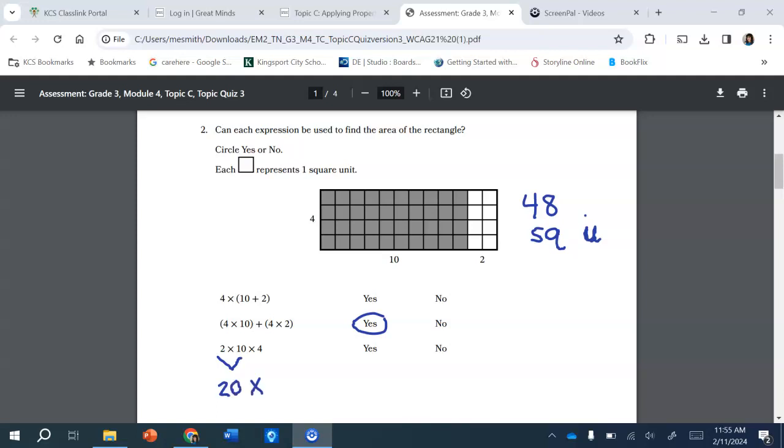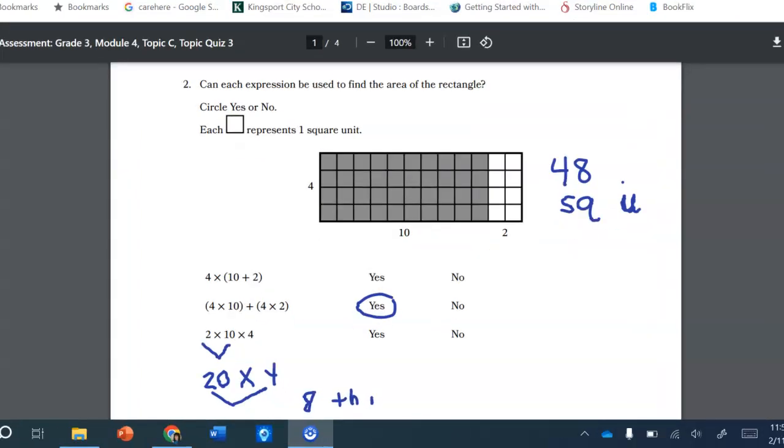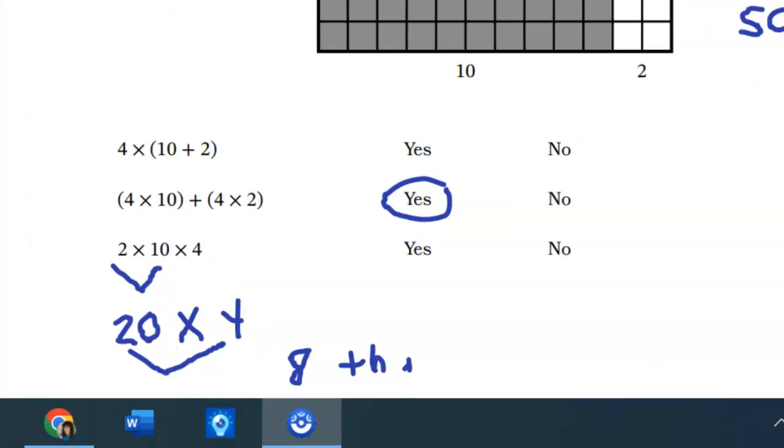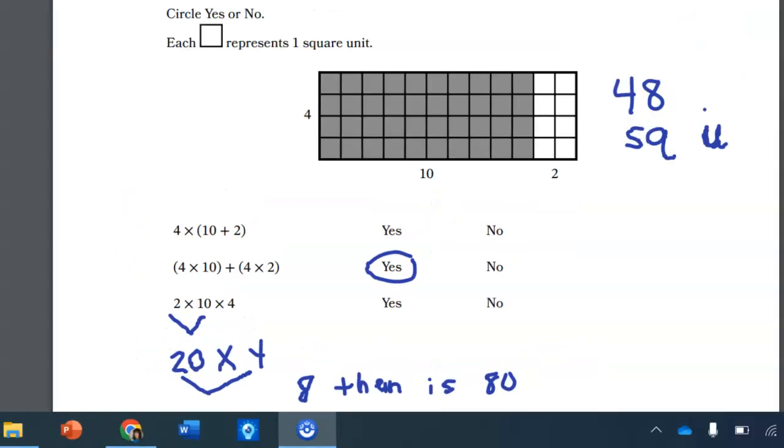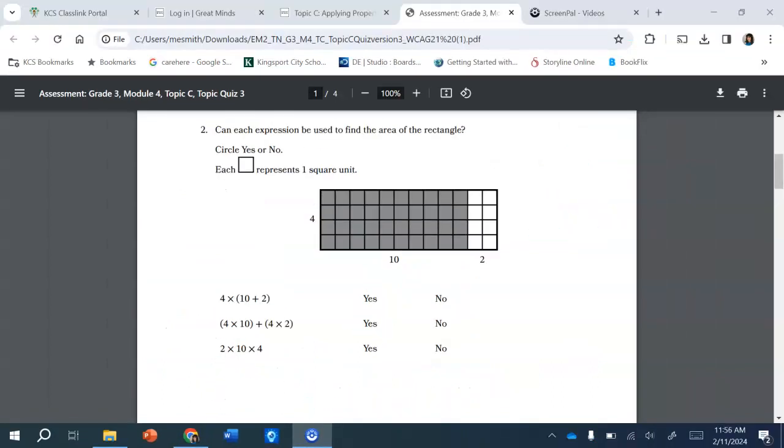And if I continue to multiply that, 20 times 4, if I know 2 times 4 is 8, then 20 times 4 is 80. So thinking about 80 square units versus 48 square units, those would not be the same. So this would not be the same square units.